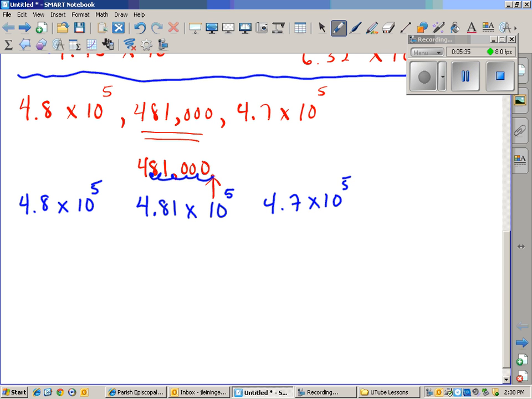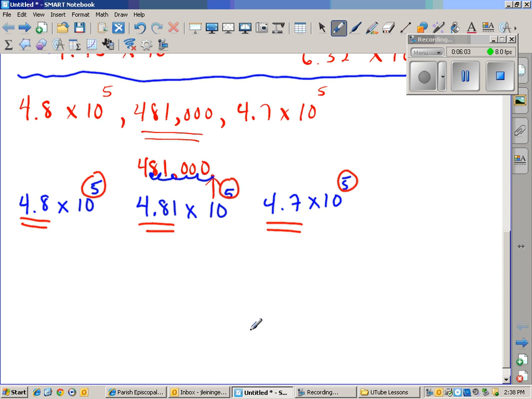This one's kind of an example that doesn't have any different exponents, and I wish I had put some different exponents on here for you. The first thing you are going to look at is the exponents. The smallest exponent will be the smallest number. The largest exponent will be the largest number. But what do you do when you have a case where all the exponents are the same, or some of them are the same? Then you have to look at the number in front.